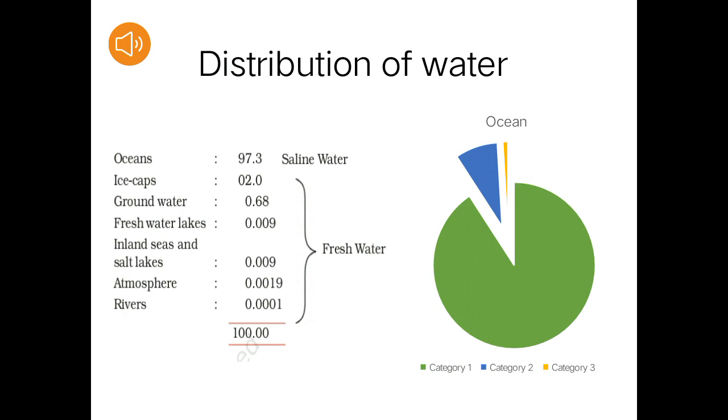The yellow part shows the water that is fresh water and fit for human consumption. As you can see in this chart, only 0.7% of water is fit for human consumption. That's why there is water scarcity in the world.